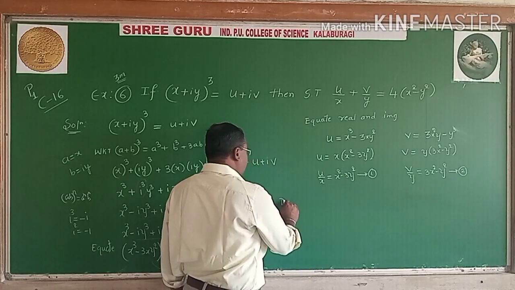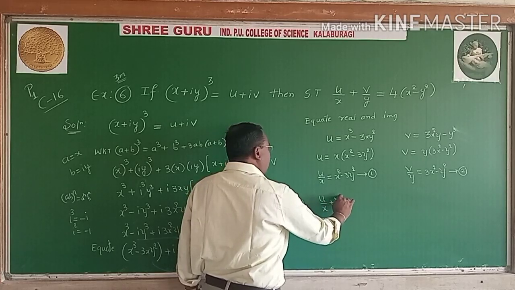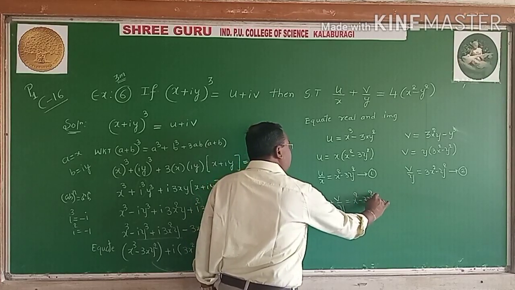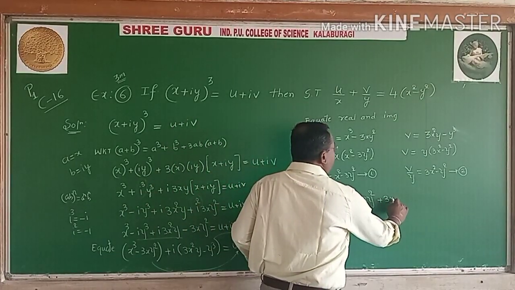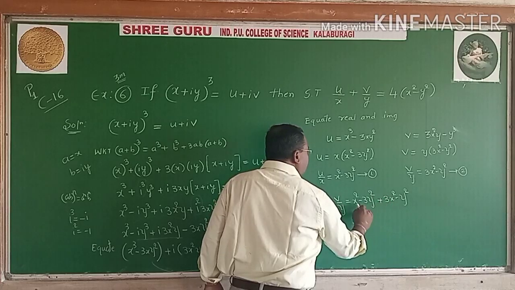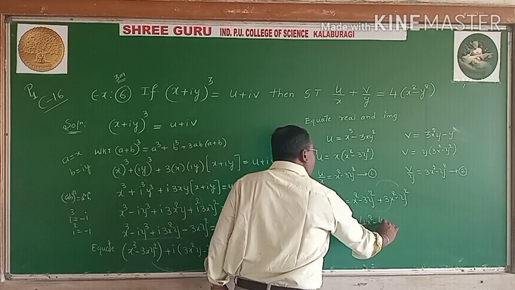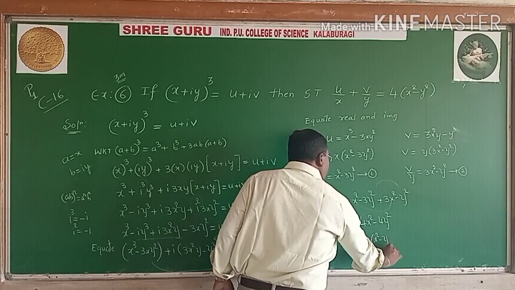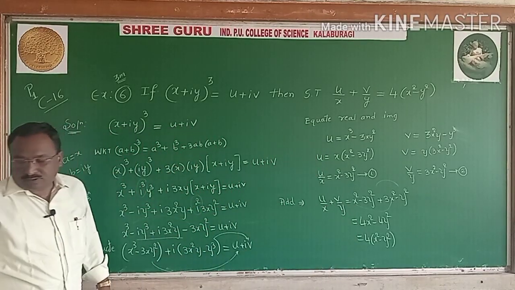Add them: u/x + v/y is equal to x^2 - 3y^2 + 3x^2 - y^2, which is x^2 + 3x^2, these two make 4x^2, minus 4y^2. Taking 4 common, 4(x^2 - y^2). Yes, proved. That is, 4 times (x^2 - y^2).